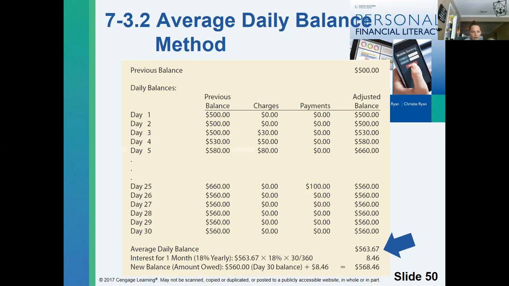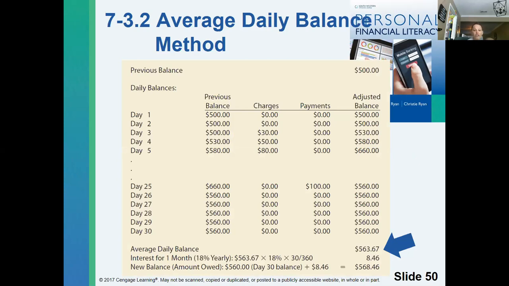Day 3 was $30. Day 4 was $50. Day 5 was $80. So in the far right column, you can see the new balance, right? They're adding every day. Day 25 is when you make your payment of $100. So your balance goes down to $560 then, and you don't use it again. So at the end of the month, your balance is $560 before interest.